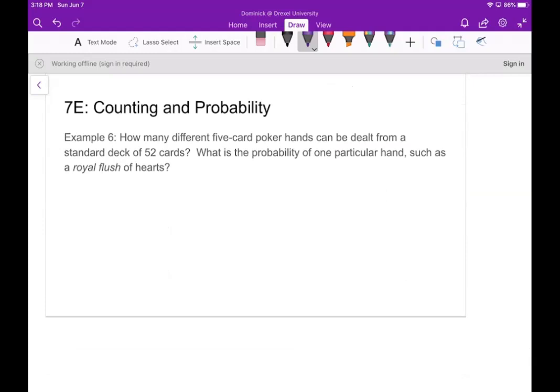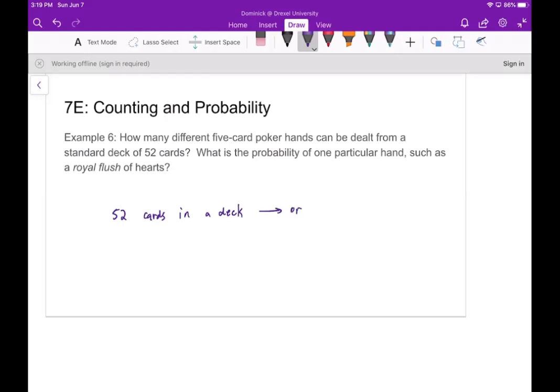Okay. Now, in the next example, we have: how many different 5-card poker hands can be dealt from a standard deck of 52 cards? And then we also want to comment on what is the probability of one particular hand, such as a royal flush of hearts. Now, the idea here is that you have 52 cards in a deck. And again, the order does not matter, right? If you have 2, 3, 4, 5, 6, that's the same as 6, 5, 4, 3, 2, right?